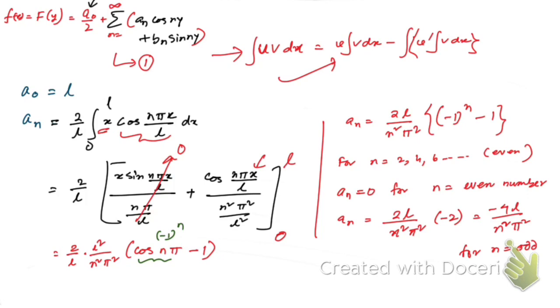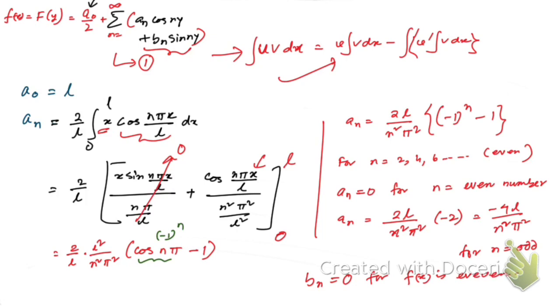Now for an even function, remember in this Fourier series, bn will always be 0 when f(x) is even.